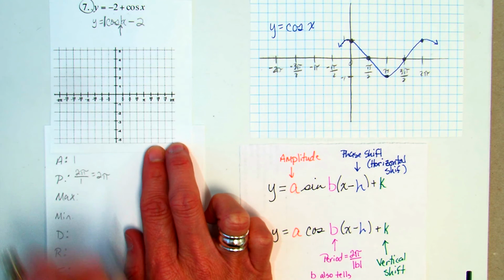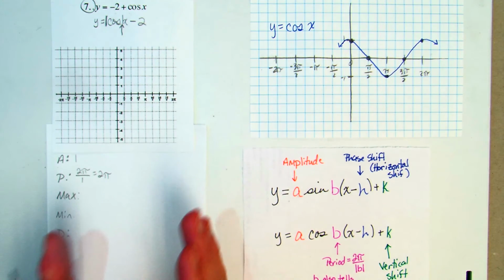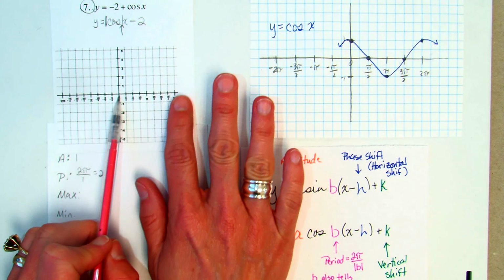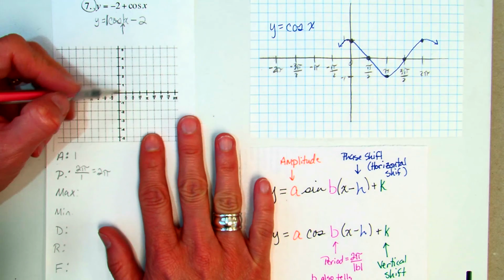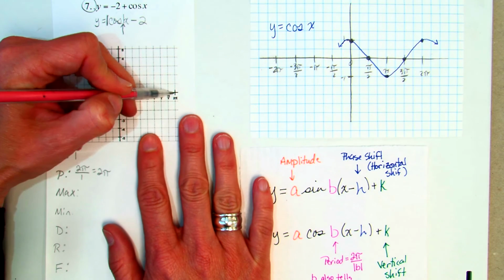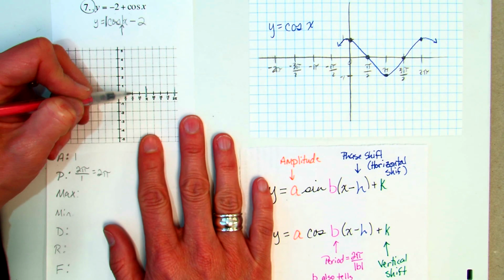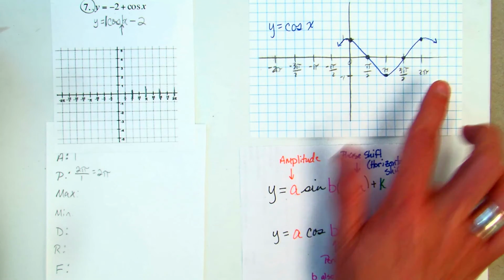So my period on this cosine curve is a length of 2 pi. There is no horizontal shift, so I'm going to be from 0 to 2 pi. So my first critical x value is at 0. My last one's at 2 pi. So those critical x values are the originals right here. Okay, so they are my x values.